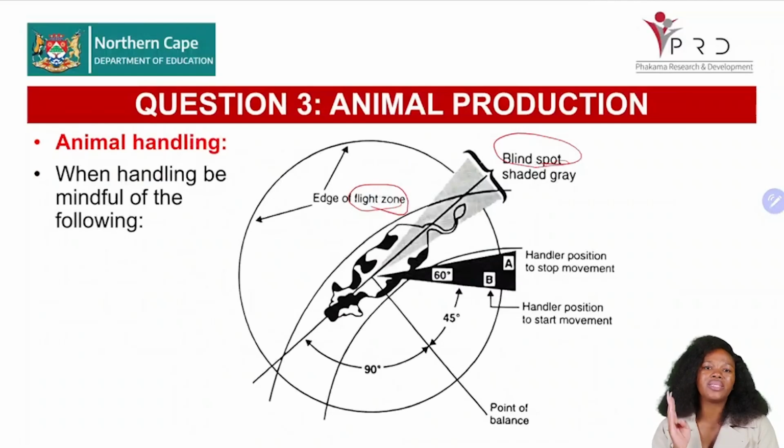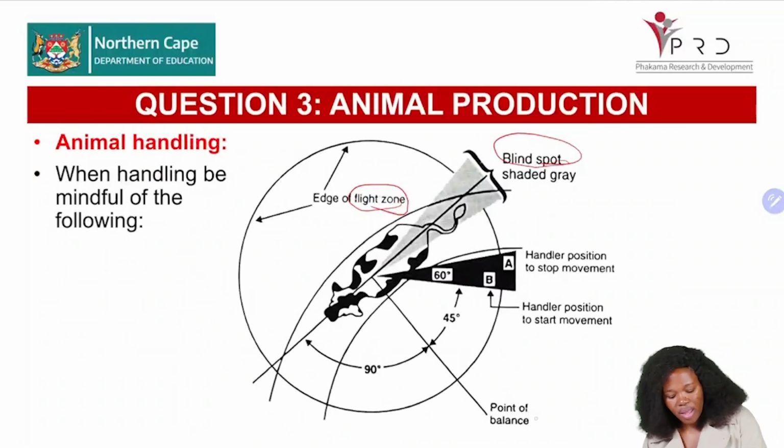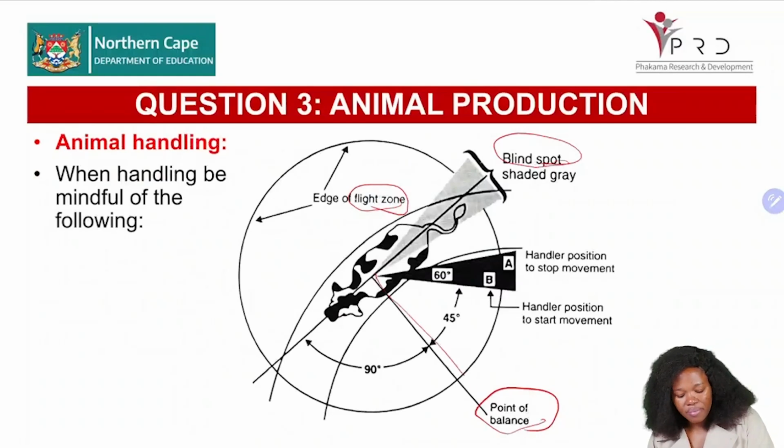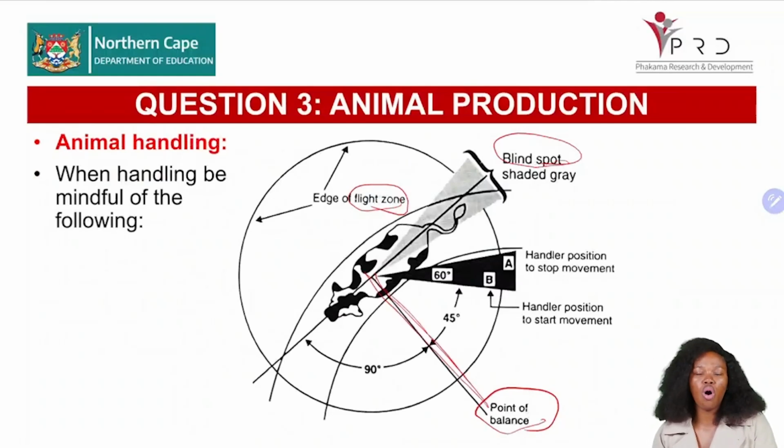Once farm animals see you as a danger or threat, they will run away or be aggressive. Another one, the point of balance, which is next to the shoulders or around the shoulders.